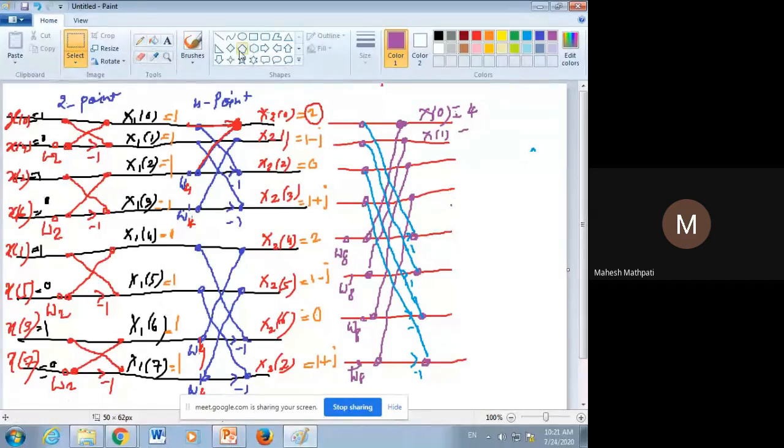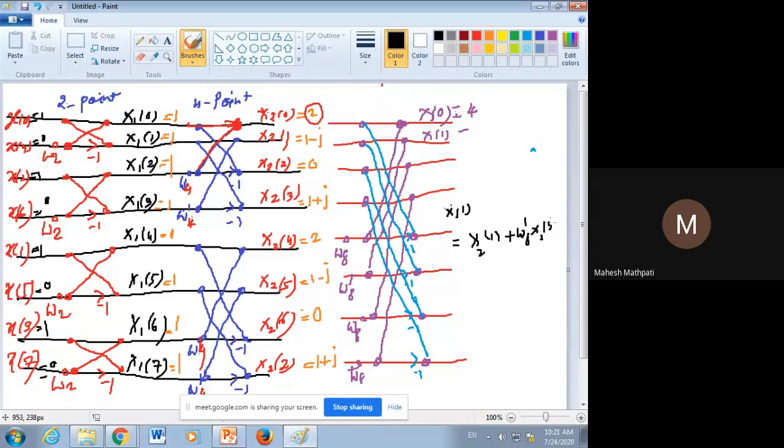So, x of 1 we are calculating. X of 1 is equals to, what we will write? x2 of 1 plus omega 8 raised to 1 into x2 of 5.